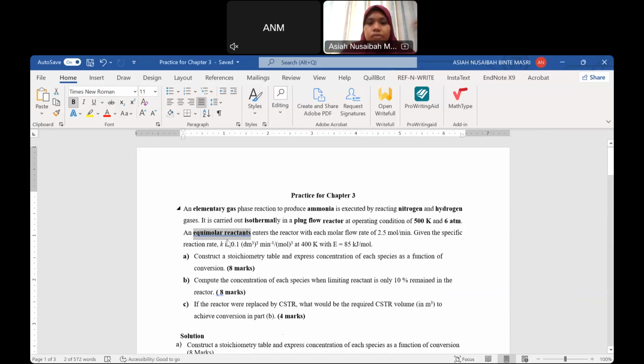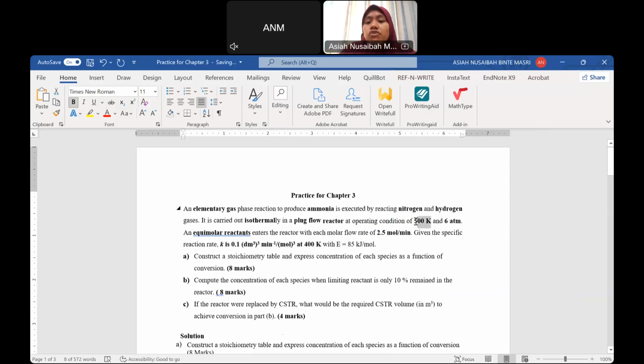And how much is the F? So we see here an equimolar reactants enter the reactor with each molar flow rate of 2.5 mole per minute. So FA naught is equal to FB naught is equal to 2.5. Okay. Given the specific reaction rate, K is 0.1, but that one is K at 400 Kelvin, not K at our condition. What is our condition?